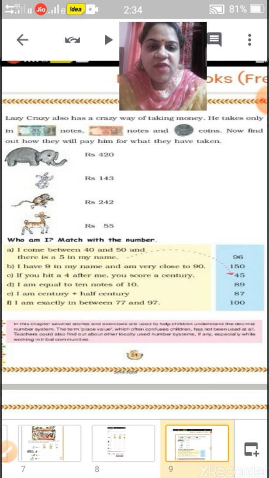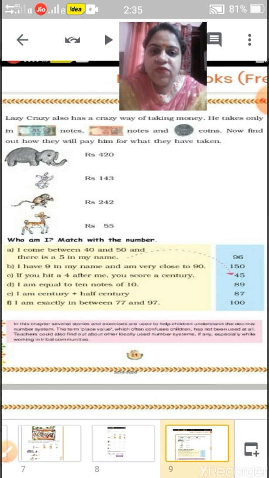Now come back to our next. Lazy Crazy also has a crazy way of taking money. Like they were having a crazy way of giving things, same they were having a crazy way of taking money. He takes only 100 notes, 10 notes and coins, meaning loose. Now find out how they will pay him for what they have taken.